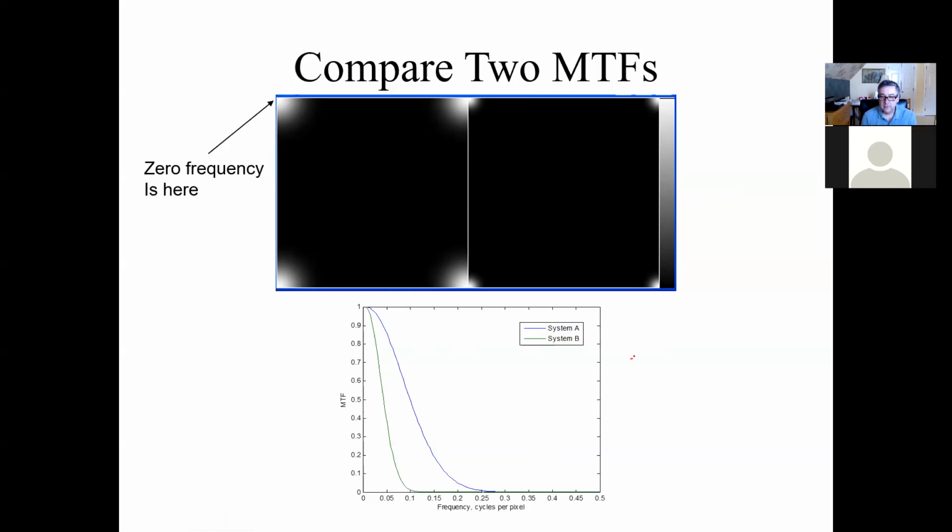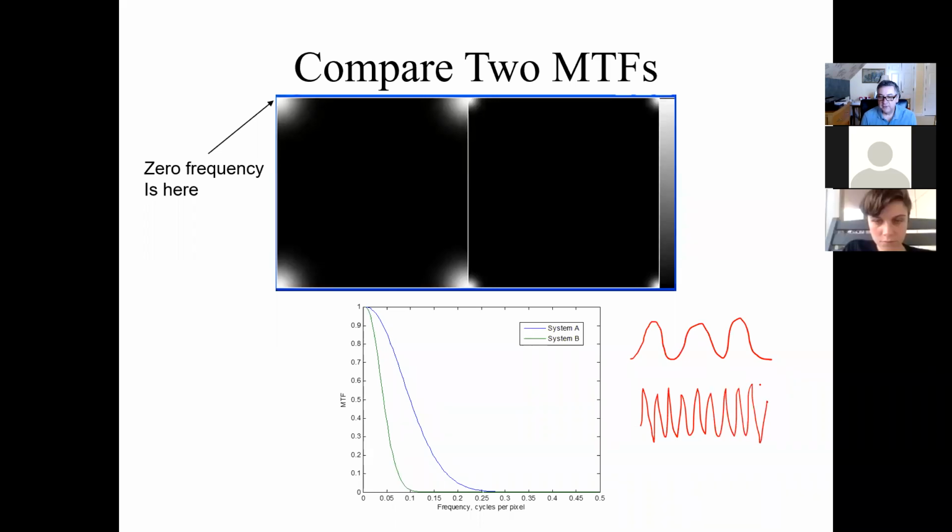Okay, and so, if you think about the fact that we're expressing different frequencies in the form of sinusoids, and if this is, as an example, a distance of a centimeter, right?